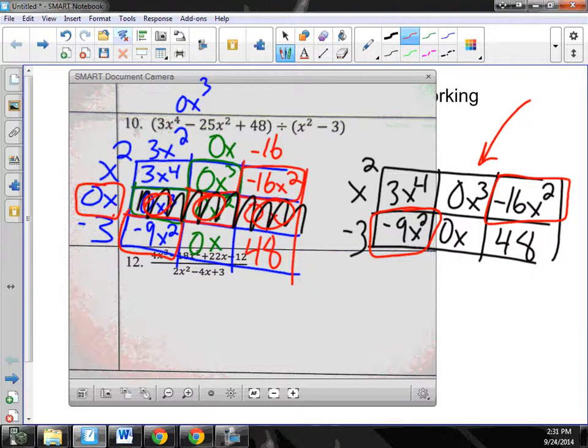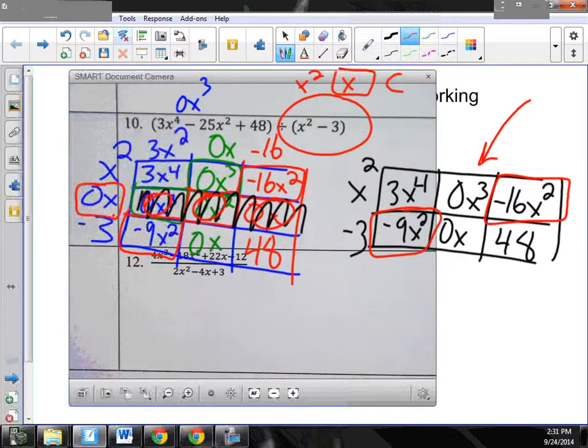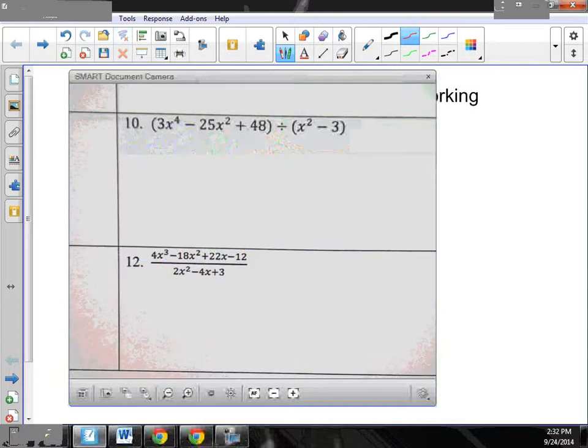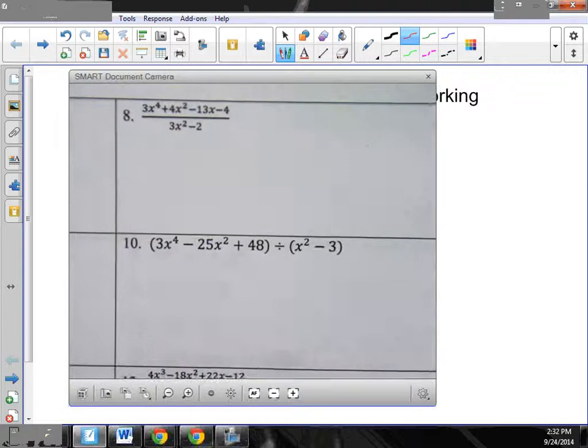It skipped a term. If you look at this, we have an x squared, x, and a constant. We're missing that. That's why there's a 0 row, because that particular problem did not have an x in the middle. Okay. I want to do number 8 because something funny happens in number 8 if we fixed it right.